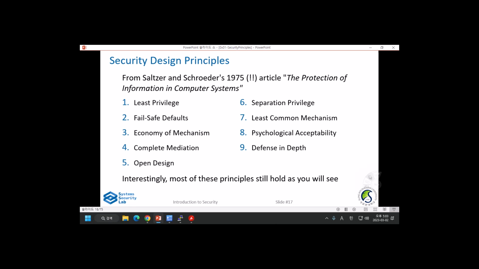So it's really interesting that this article is almost 50 years old now, right? And this was written basically around the birth of computing systems in the 70s. But most of these principles still hold and also still widely used in secure design of computing systems.